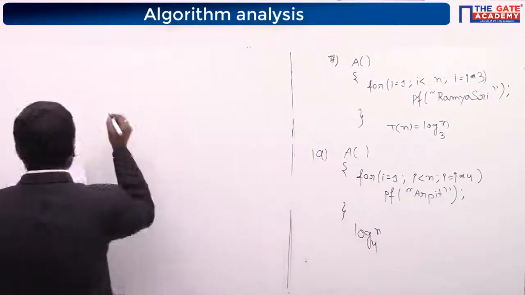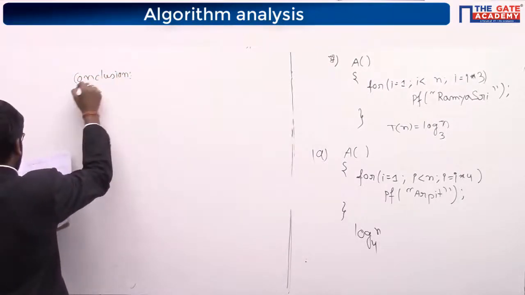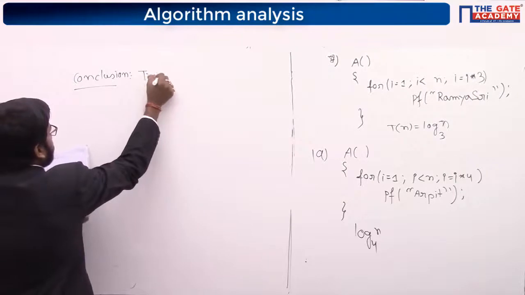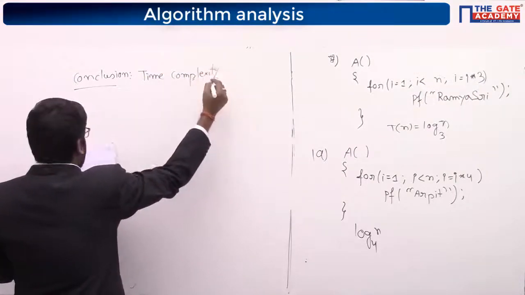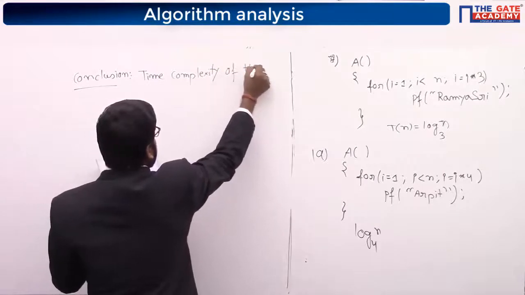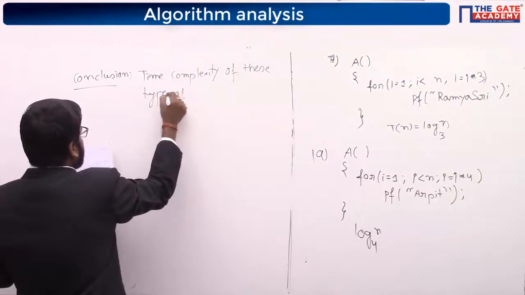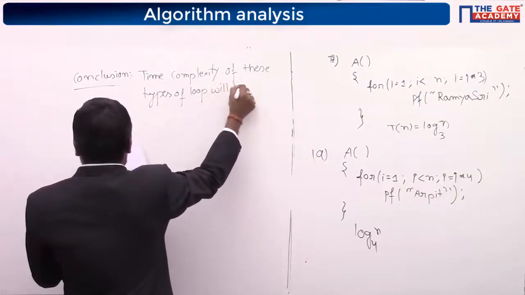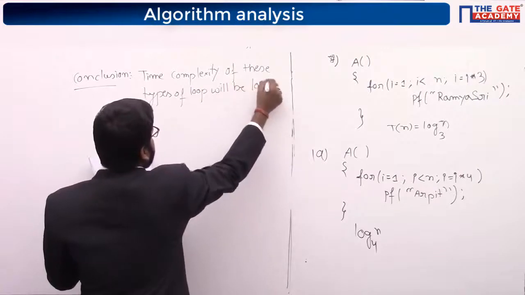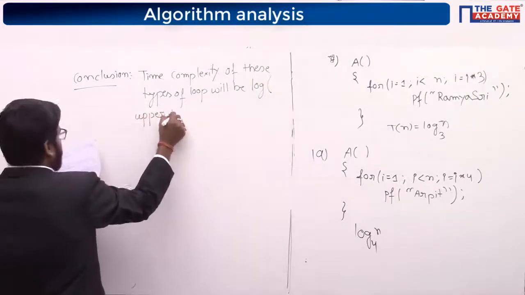So in conclusion, for these types of problems, you can write that the time complexity of these types of loop will be log of the upper bound of the loop.